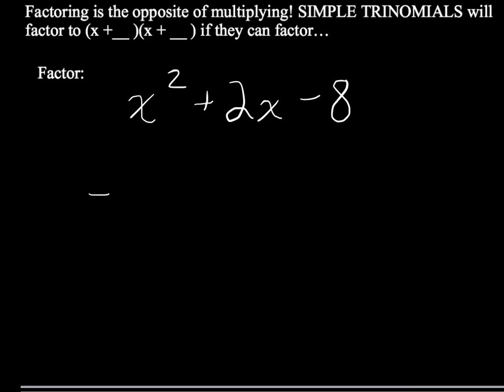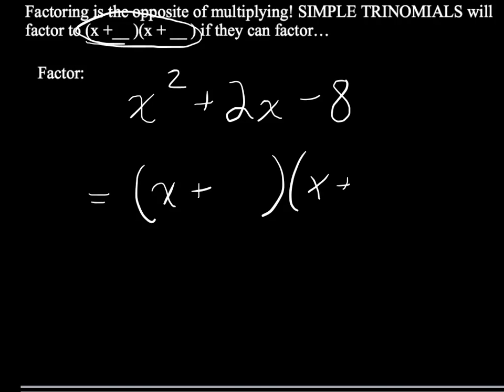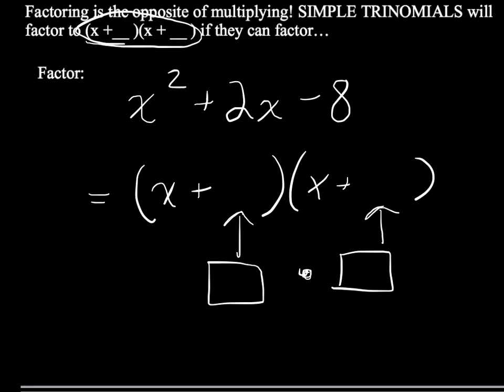Okay. Well, here we go. I already know that for all simple trinomials, they will factor to x plus a number and x plus another number. Okay, let's see. Those two numbers, if we recall from multiplying polynomials, must multiply to negative 8. So if I take these two numbers and I multiply them together, I am supposed to get negative 8.